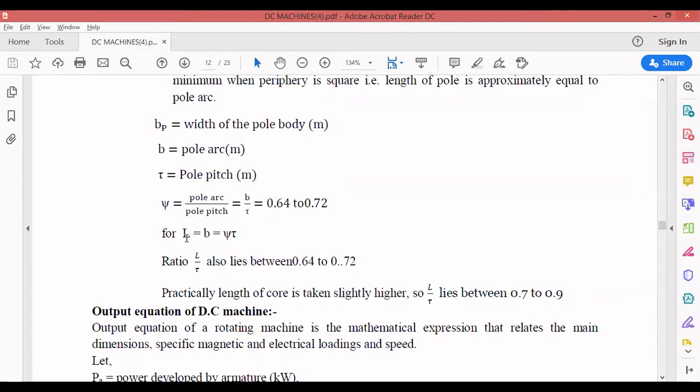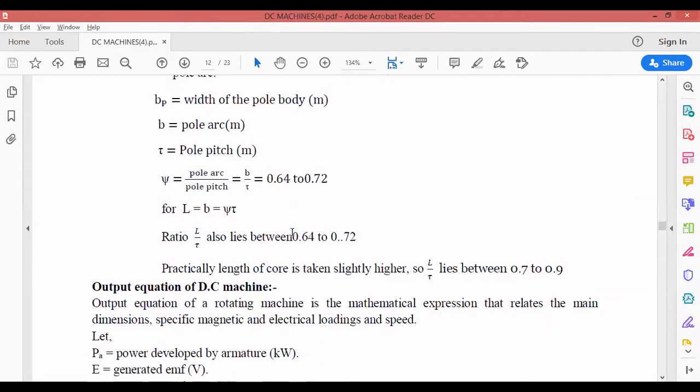If you go for a square pole, then L is equal to b, meaning the length of pole core is equal to the length of pole arc. Then substitute for b, which is psi into tau. I am going to use this equation in the problem. The ratio of L by tau also lies between 0.64 and 0.72, whether you go for circular poles or square poles.